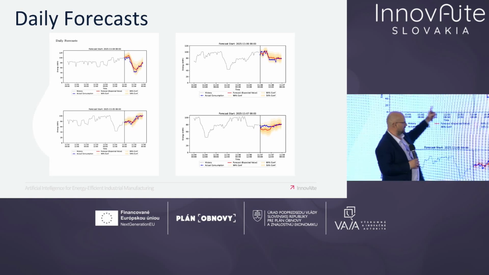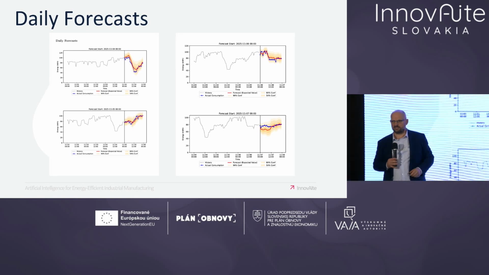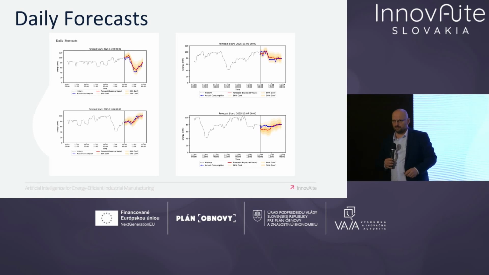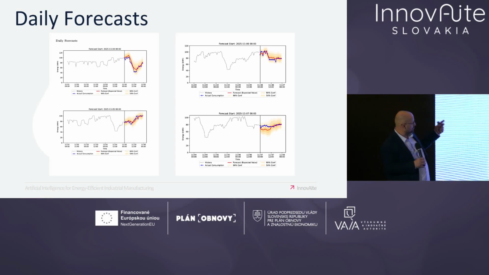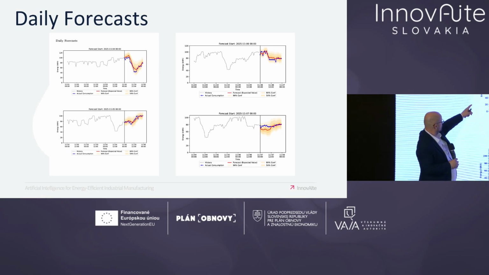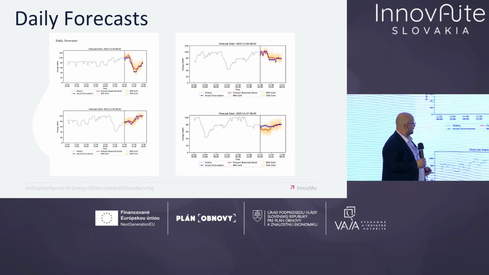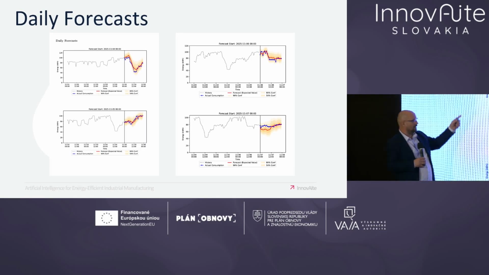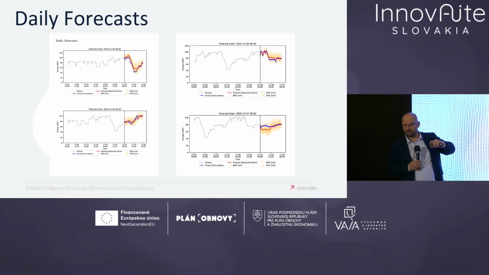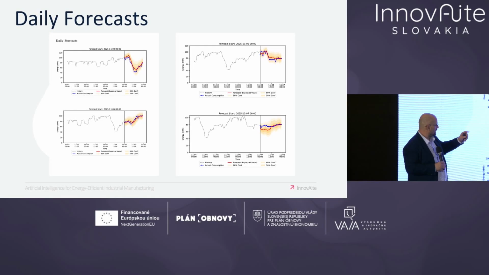For inference, the recurrent neural network needs the reference value for the last 72 hours. So you can see that this is the actual consumption for the 72 hours and the prediction for the next day.